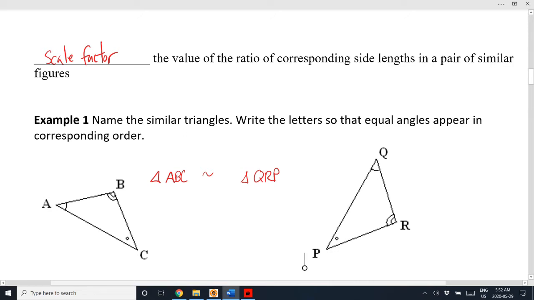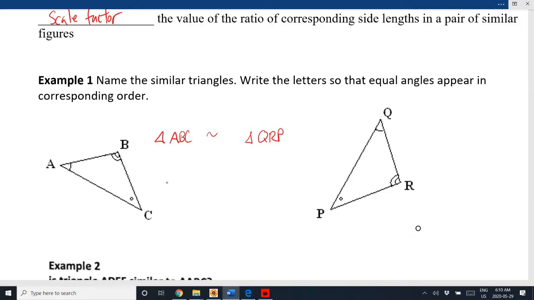Again, the idea is just to match up the angles with each other in the same order. So just remember that the squiggly line here means similar to.